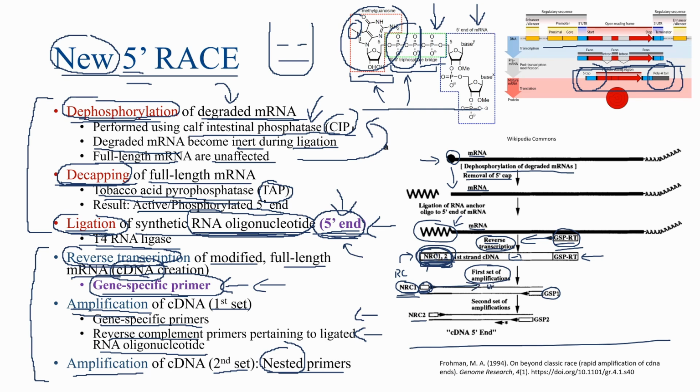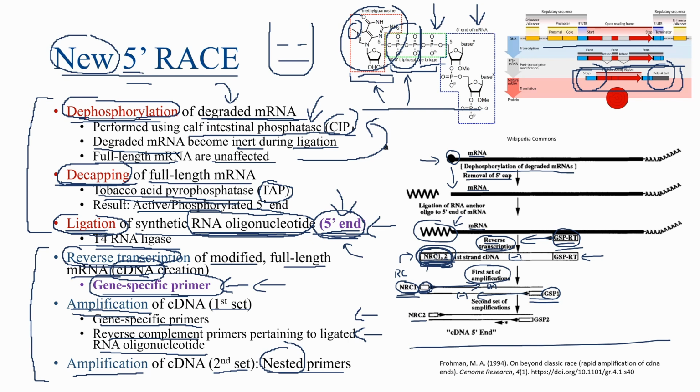And this produces a positive sense strand. And then you will be utilizing a gene-specific primer in order to extend and amplify the cDNA going this way, creating a negative sense strand again.